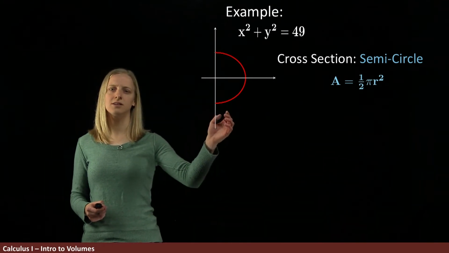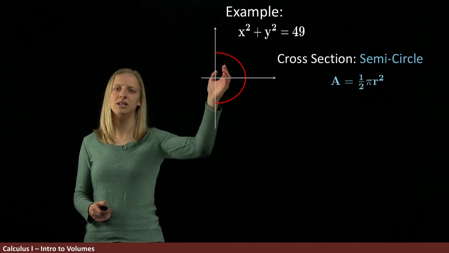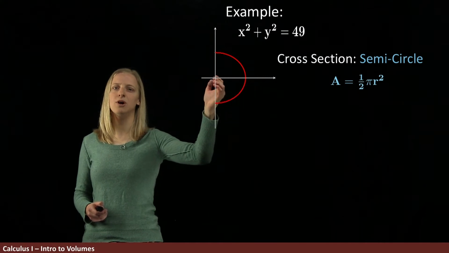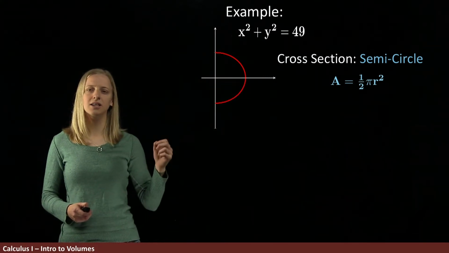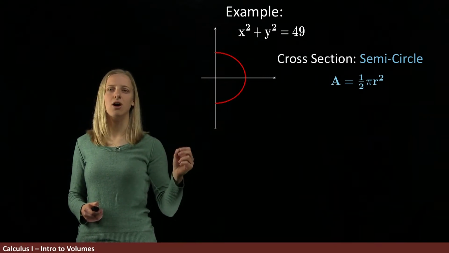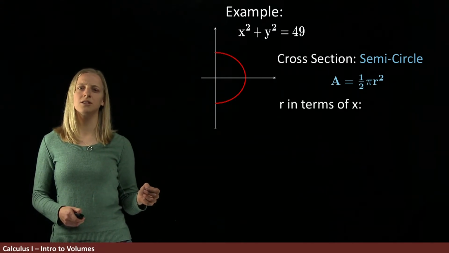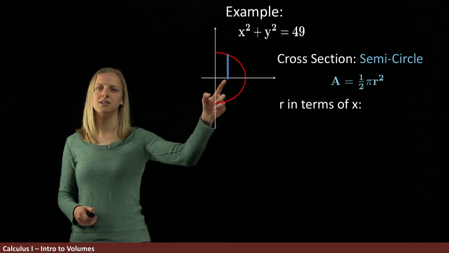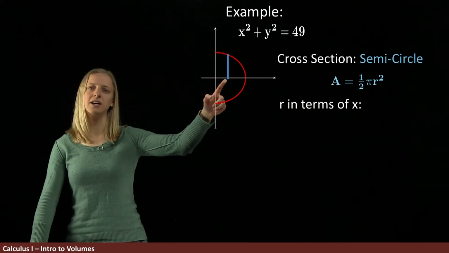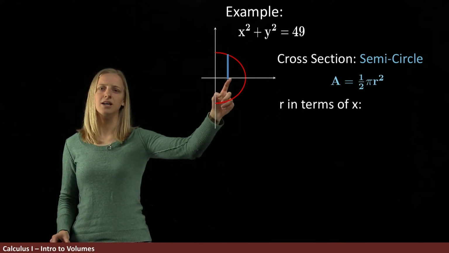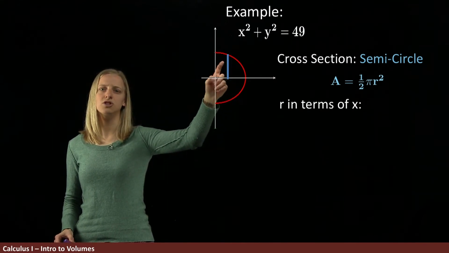Well, if I look at this, the radius is dependent upon where I am along the x-axis. That gives me the idea that I need to write that r in terms of x. So if I look at the radius here, the way to find this is, notice it is the height of this function.